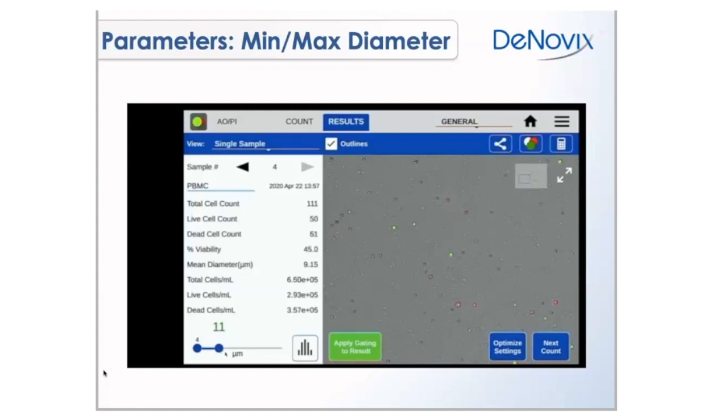So you can see cells coming in and out of the count in the image and in the data on the left. So that's just a nice feature that the cell drop has that most automated counters don't also have. That you can change that on the fly. You can visually look at it and dial in the count at the same time. And then once you've got it dialed in, you can save it to your protocol.